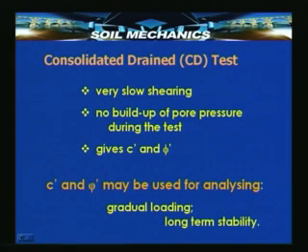In the field, if we have gradual loading and if volume change is permitted and drainage is allowed, and that is what happens, for example, in an embankment which has been in existence for several years, for a very long term, it has already undergone consolidation, and therefore, if it undergoes slow shear, it will exhibit effective strength parameters c dash and phi dash. c dash and phi dash can therefore be used for analyzing the effect of gradual loading or long term stability of an embankment.